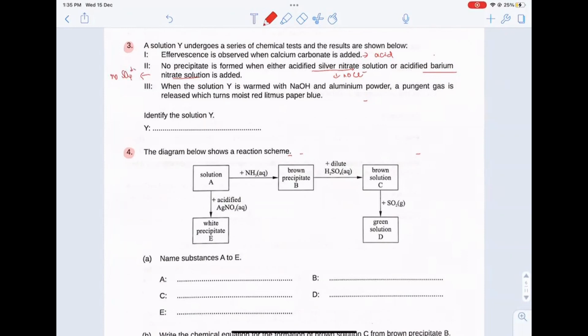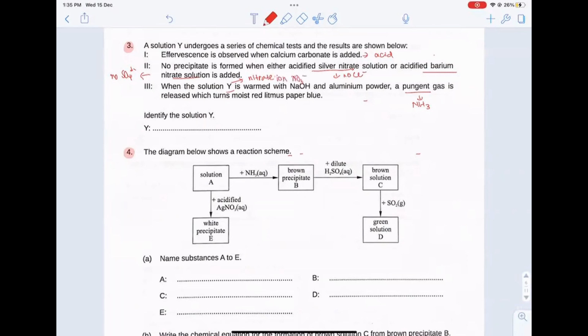Number 3, when the solution Y is warmed with NaOH and aluminium powder, a pungent gas is released which turns moist litmus paper blue. Because it's pungent and turns litmus paper blue, it tells us that ammonia is present. And because ammonia is produced when Y is warmed with NaOH and aluminium, it tells us that Y contains nitrate ion, NO3-.